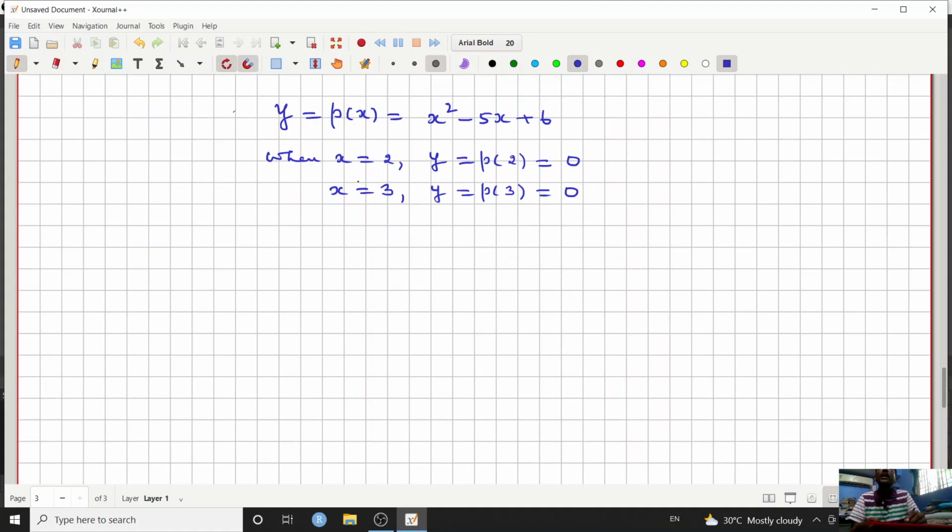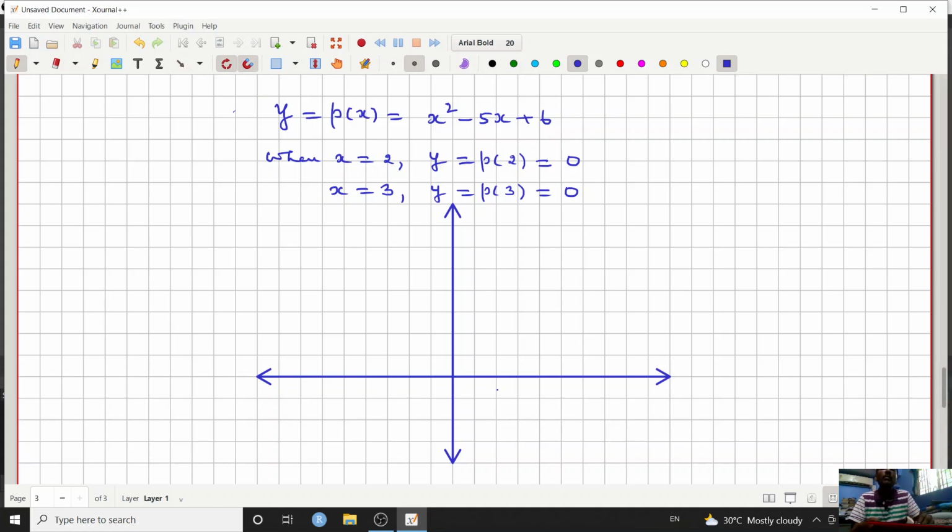So if you draw the parabola for this, you will have a parabola, because the coefficient of x square is greater than 1, and since it is greater than 1, the corresponding parabola is concave up.